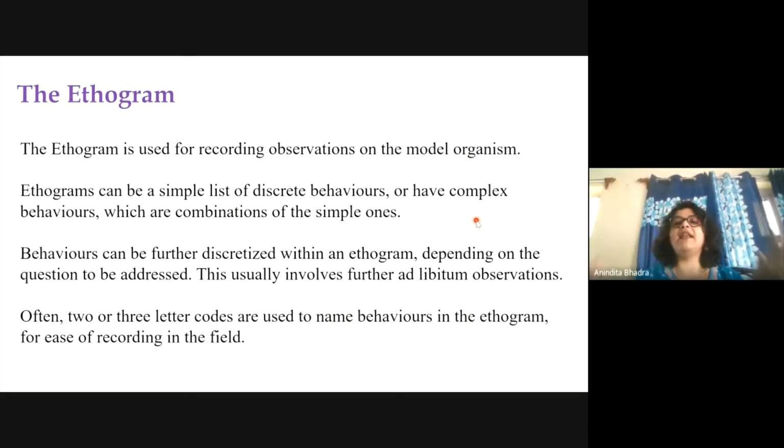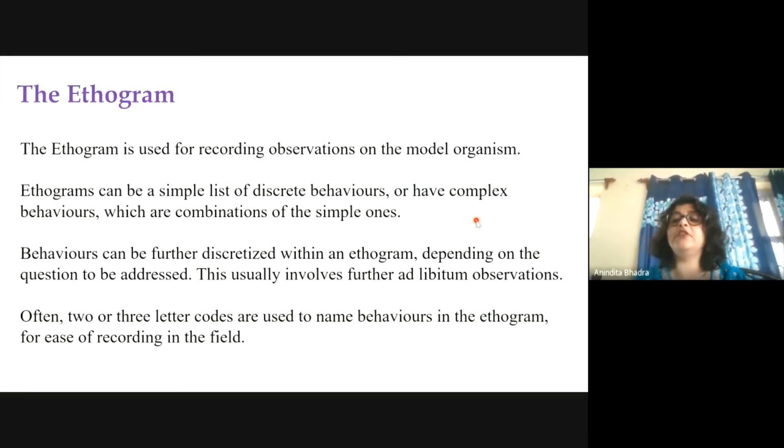So we added it as a new behavior and the ethogram got updated. So that is the fun of doing ad libitum observations. And imagine this is for a species like a stray dog, which we think we know all about. Everybody says, oh, we know dogs so well, what is there to study? But there we found behaviors which we had never seen or discretized for that matter.